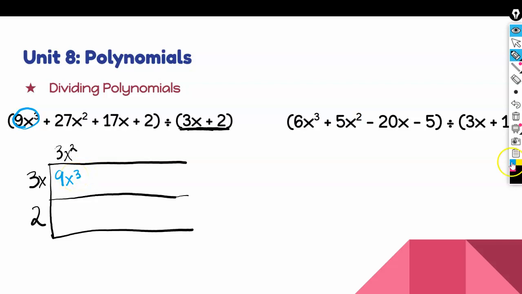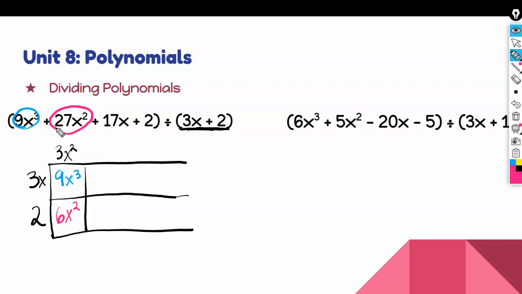All right, so continuing, I finish out this space. So since I have these two terms here, I can multiply them together. 2 times 3x squared is 6x squared. Now, if I look over here, do I have 6x squared?